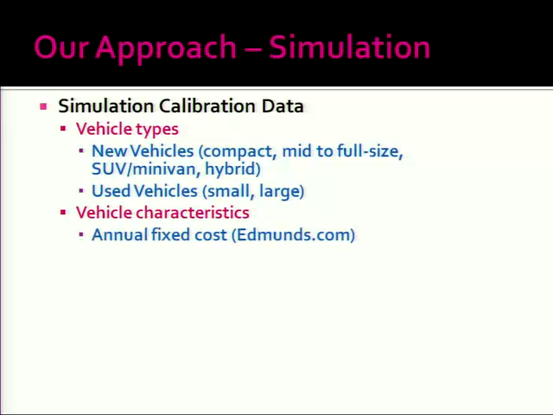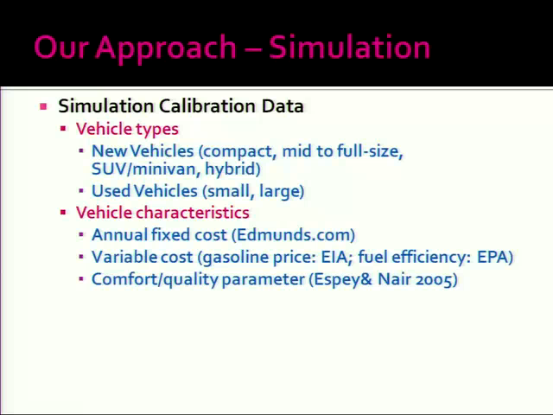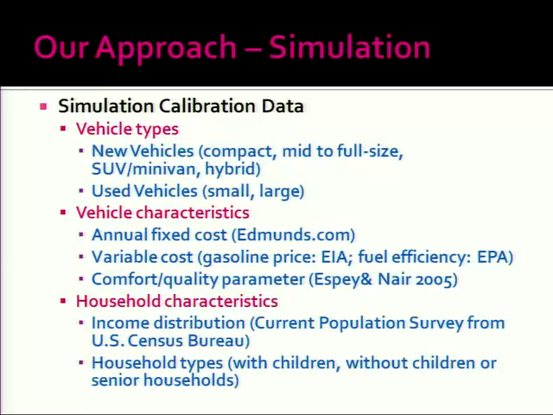So we looked at how much their fixed cost is, what is their variable cost depending on their fuel efficiency, as well as the going gas prices during that year. And also some comfort quality parameters that Sperling and Nair estimated, and had a metric to measure whether or not there's enough space, the safety, reliability, that type of thing, to make it a number that we can look at.